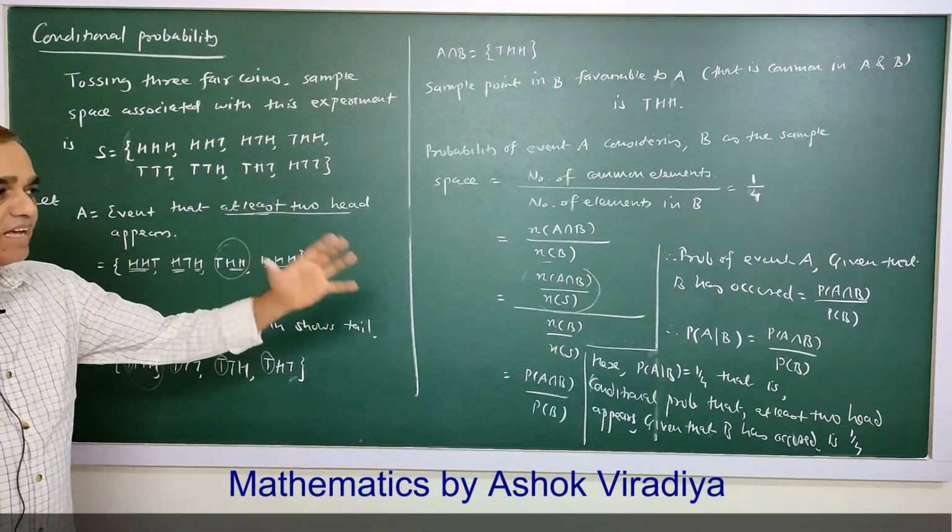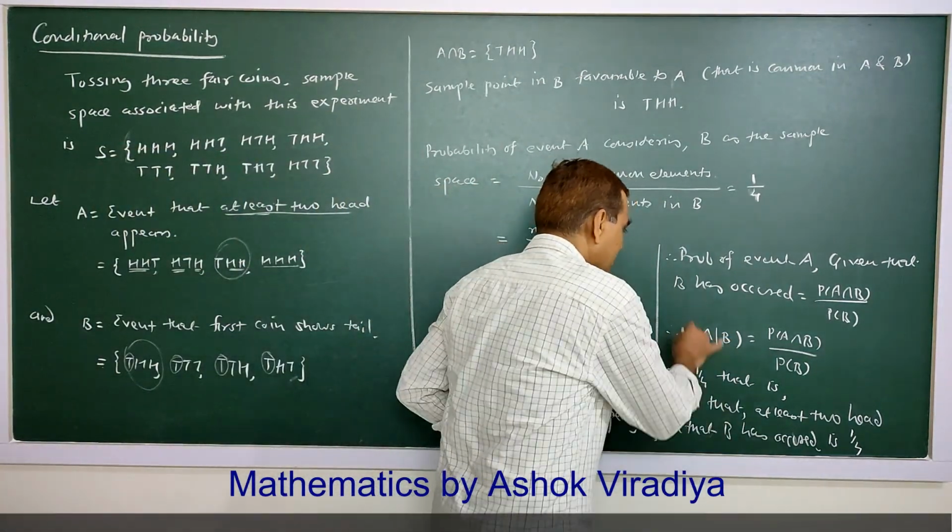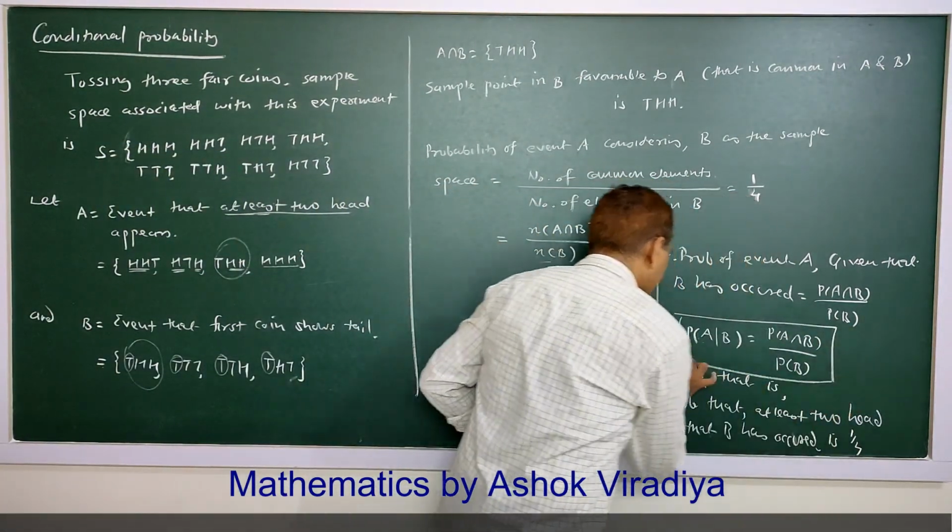So the probability of A given that B has occurred is P of A by B. This is the definition of conditional probability.